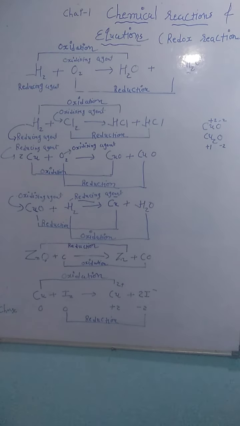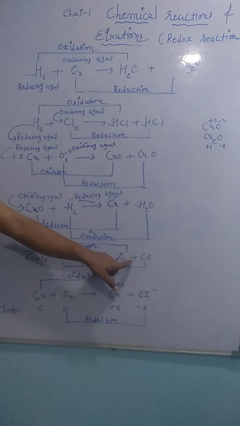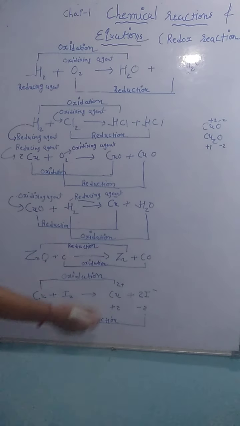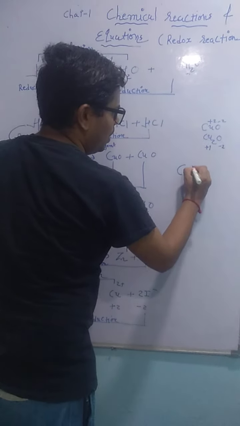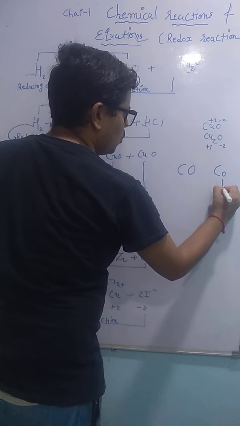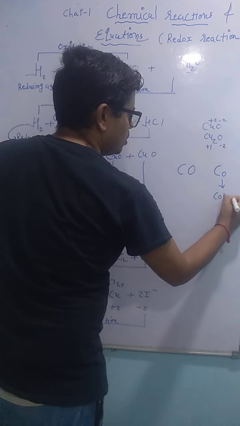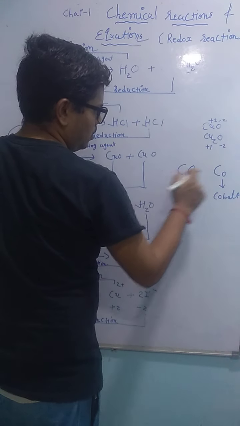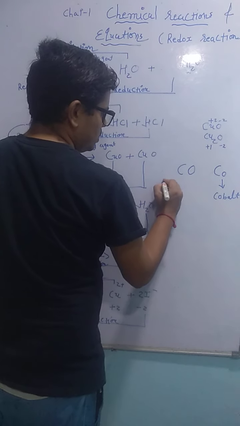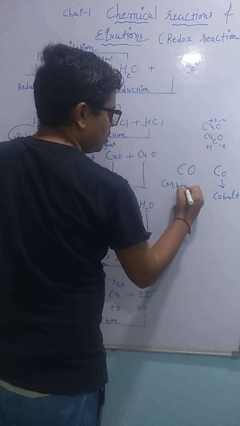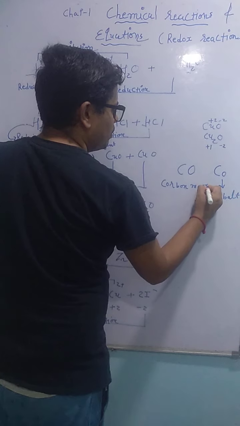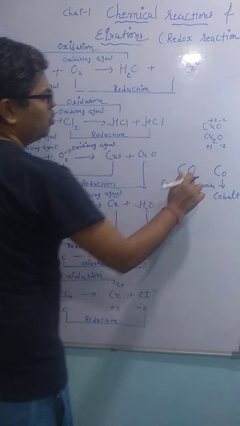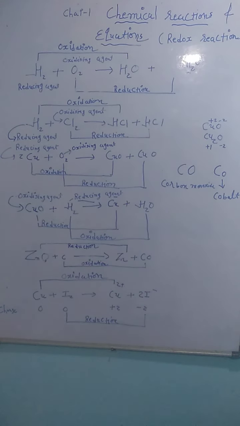Compare zinc oxide plus carbon giving zinc plus carbon monoxide. Carbon monoxide is CO, in which both C and O are capital letters.